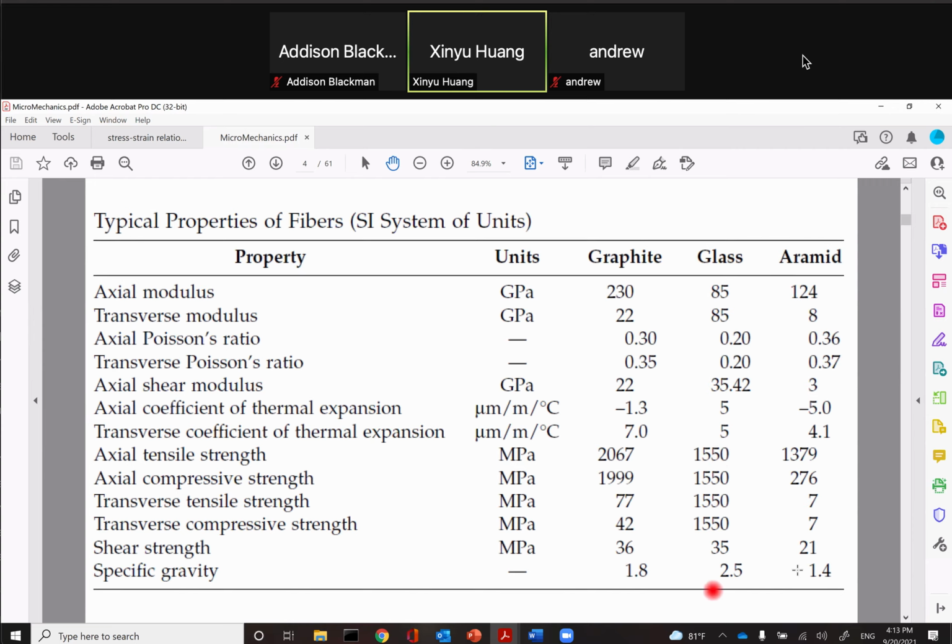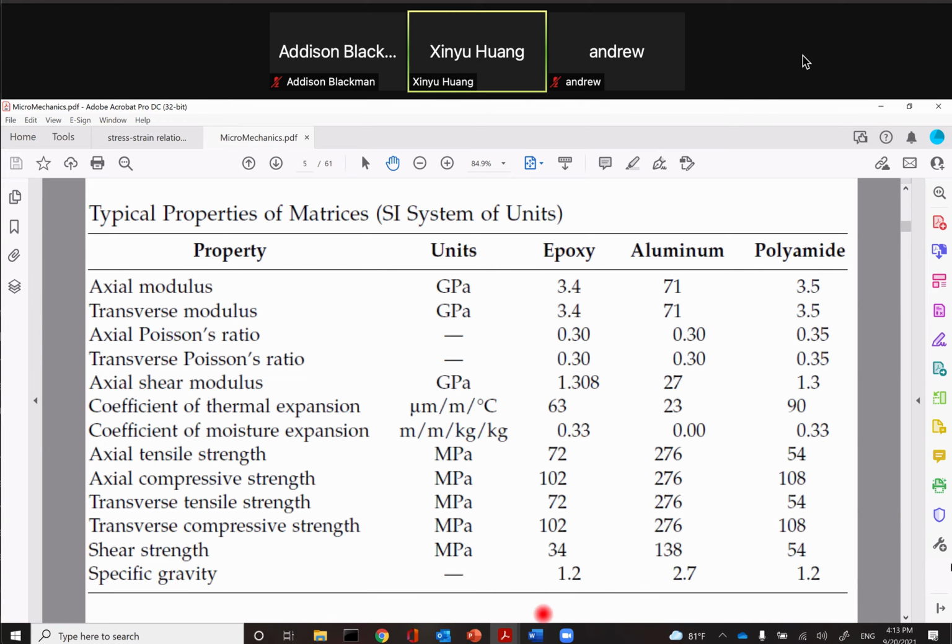Specific gravity is the density of this material divided by the density of water, which is 1. That's specific gravity. So this is related to density. The same thing applies here, specific gravity.